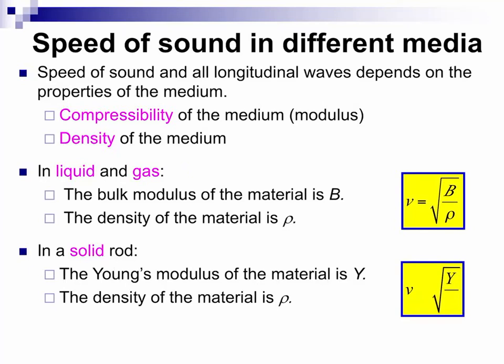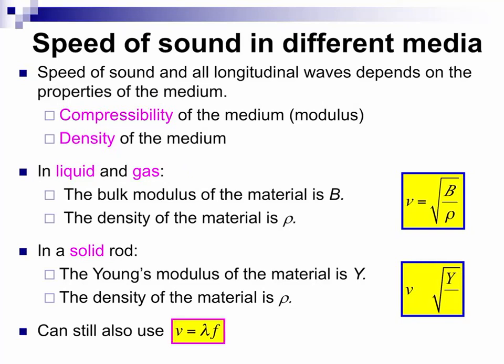This speed here relates how fast the wave travels relative to the medium, but you can also use the equation that we learned to find the speed in relation to the wavelength and the frequency. So speed is still equal to wavelength times frequency.